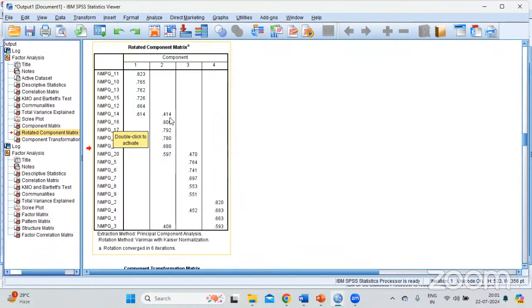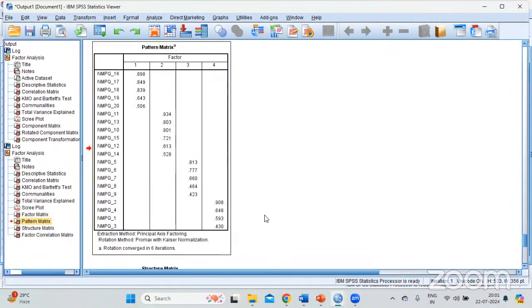So the contribution of these two components to the total variance is more or less the same under PCA. But when we are considering the principal axis factoring, the entire structure is getting changed. Here, the first factor alone is contributing 48% of the total variance, while the other factors are barely contributing anything. So that's the kind of difference that you will find.